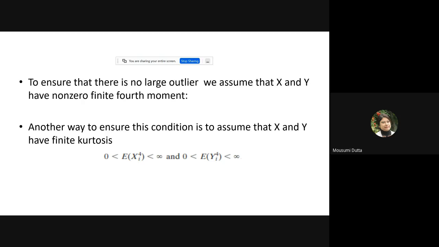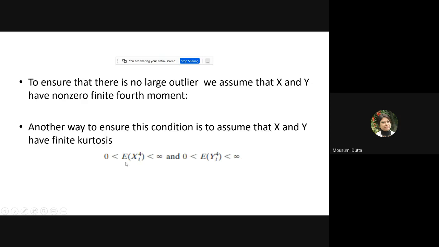To ensure that there is no large outlier, we assume that x and y have non-zero finite fourth moment. Or we are trying to put a restriction with respect to the kurtosis of x and y. Another way to ensure this condition is to assume that x and y have finite kurtosis.